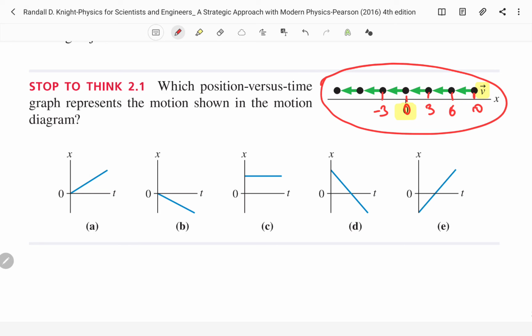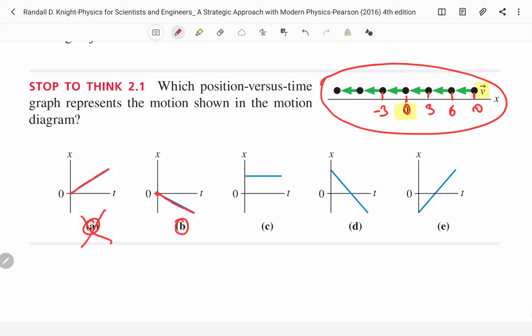So now let's come back to the options. First option, you see position is increasing. So this is wrong. Here, B, position is decreasing, yes, but initial position equal to 0.